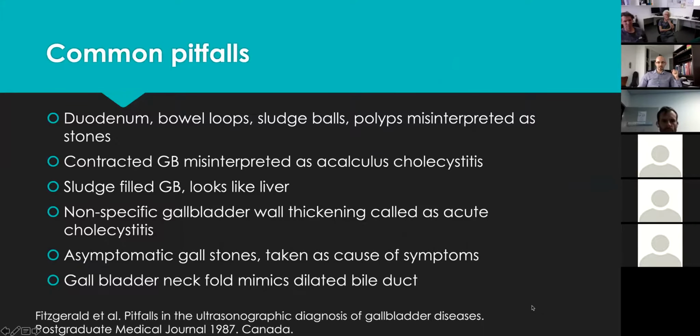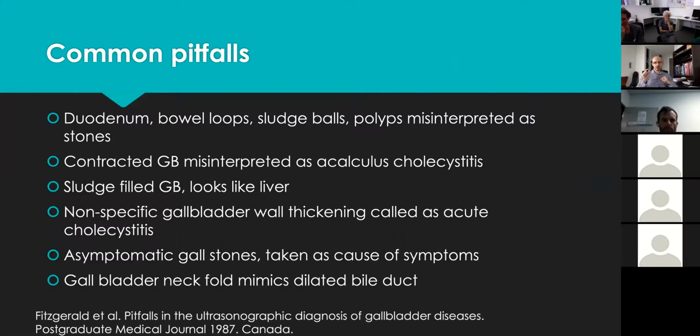Common pitfalls: mistaking the duodenal gas for stones, polyps, and sludge balls, which can be very hard to differentiate.